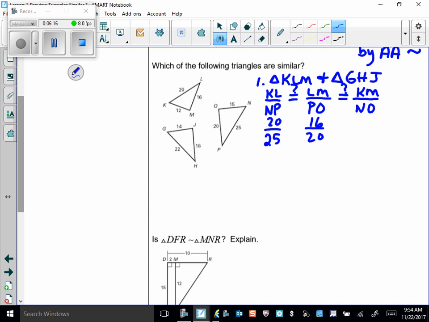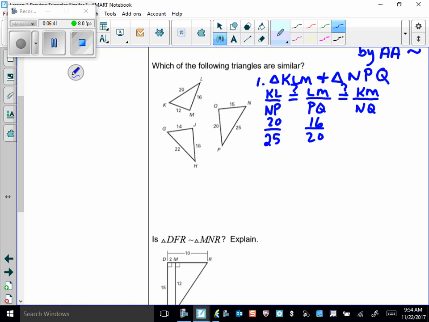I'm doing the wrong triangles. Let me fix this right here. This isn't triangle GHJ. This is triangle NPQ, and that should be a Q. NPQ. There we go. Sorry about that.